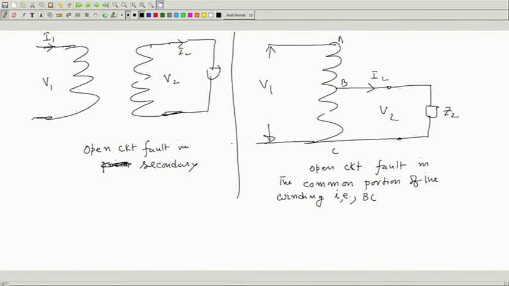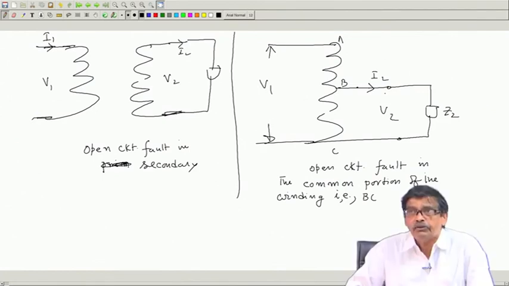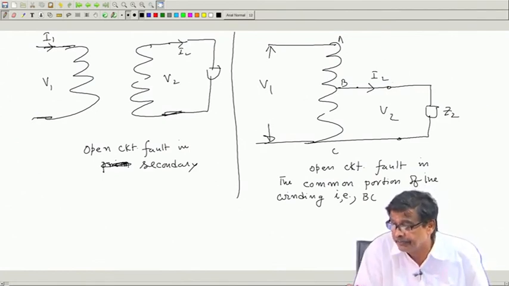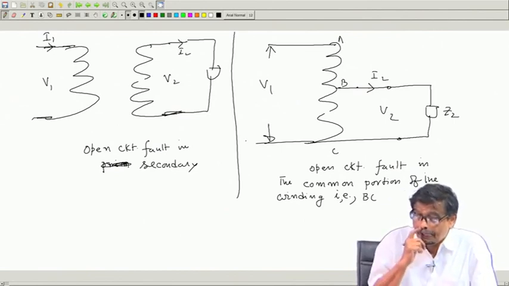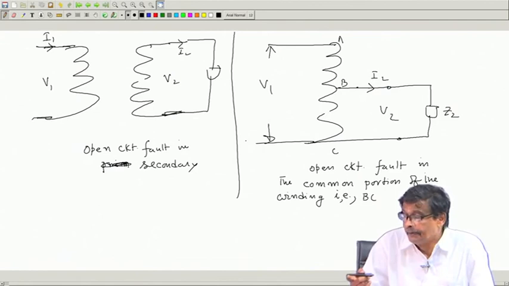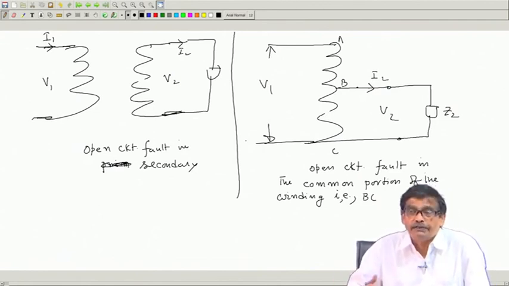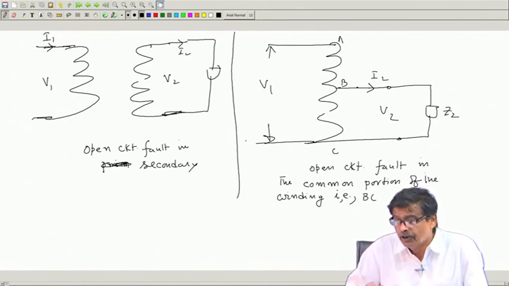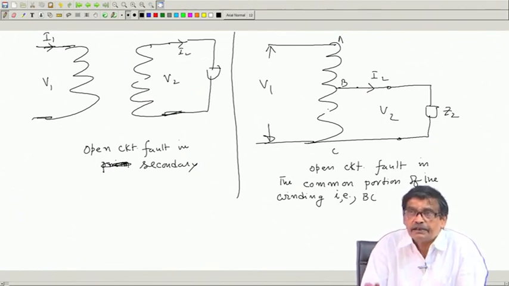And not only that, this voltage is no longer N2 by N1 times the input, it is this voltage minus this drop, and if this point is closer to this point, this voltage will become of the same level as that of this one. Therefore, across the load perhaps the voltage will go up, which is not in your control via this connection. There will be a problem on the load if you apply high voltage, just because some open circuit fault has taken place, which is not in your hand.